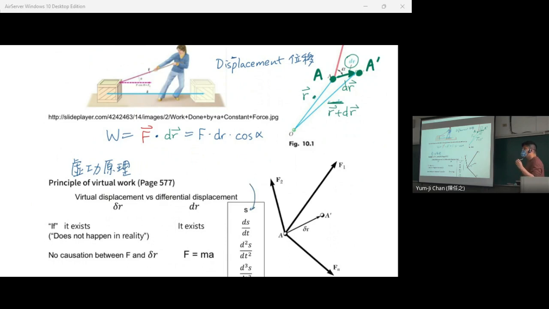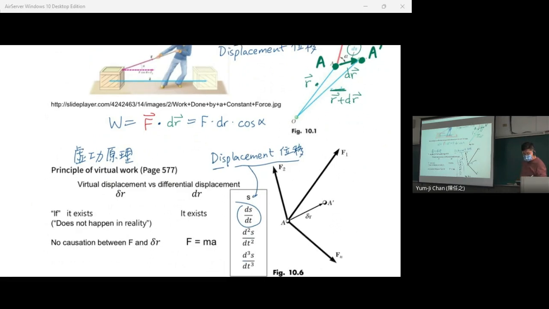Now, if S is displacement, then what is delta S over delta T or ds dt? Let's take a look.